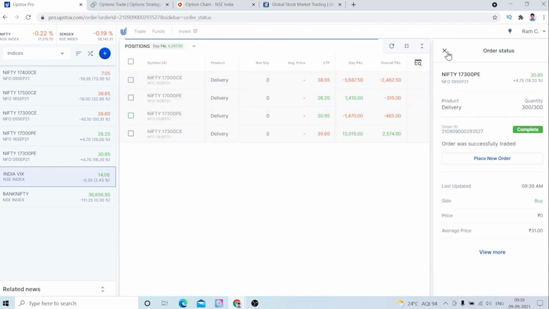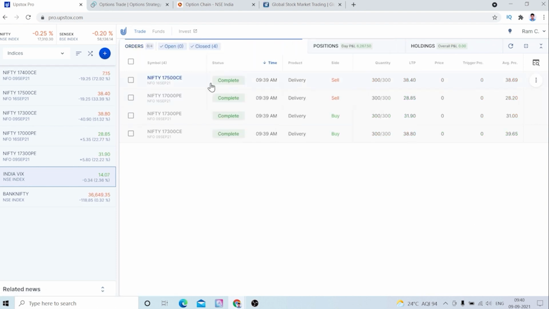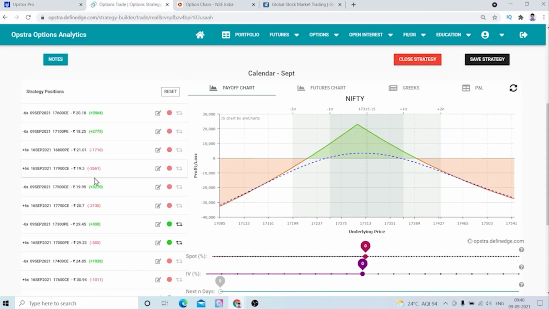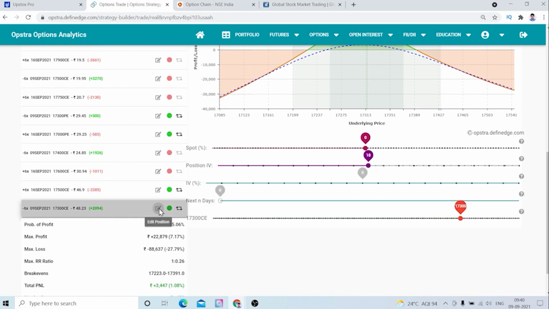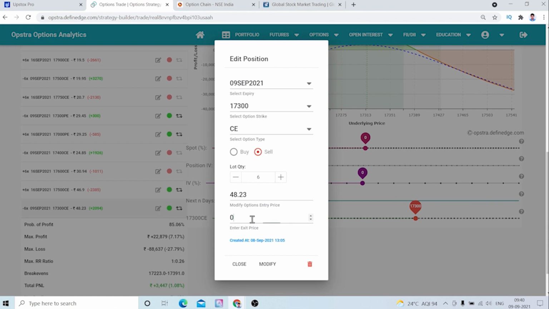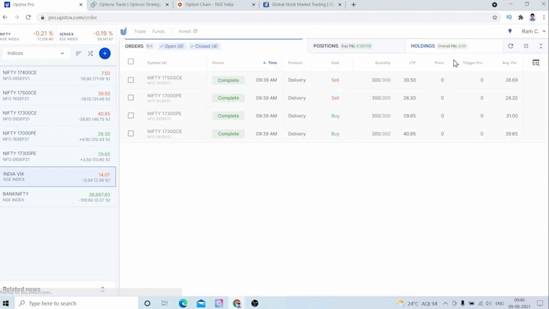Once we enter all these last trade transactions, we will be able to see the exact profit we got in Opstra. So I'm entering all these positions. I have closed at 39, and I'm entering that 39 rupees for the call sold position. And at the same strike 17,300, we also sold the put at 31.